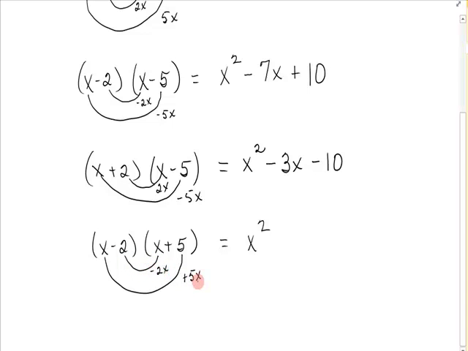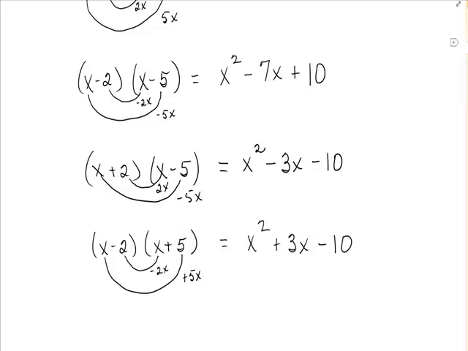They have different signs, so I have to subtract and keep the sign of the big one. This time it's plus 3x. Negative 2 times positive 5 is negative 10. So when you have a plus and a minus, it doesn't matter about the order. You always get a last term that's negative. And this term might be plus or minus depending on what's bigger over here.